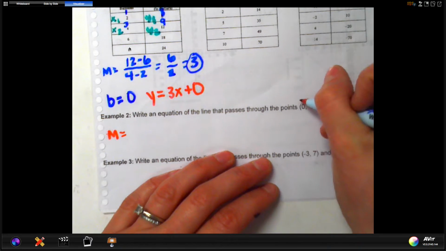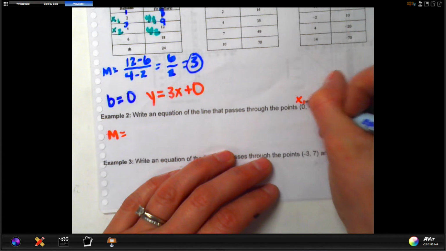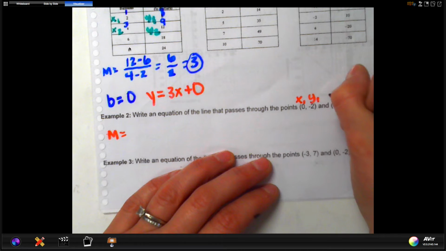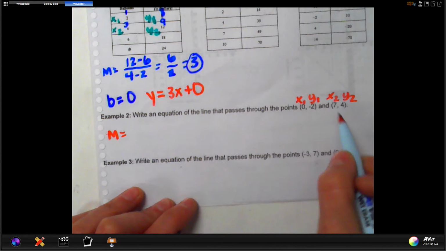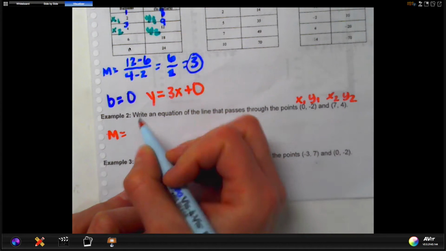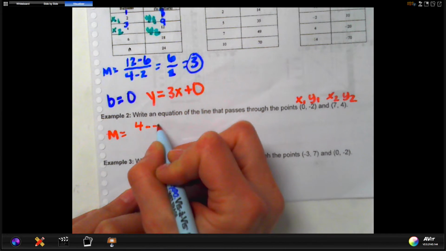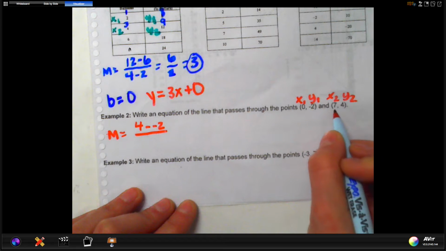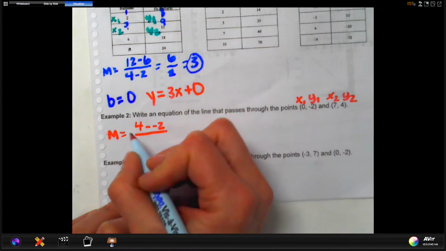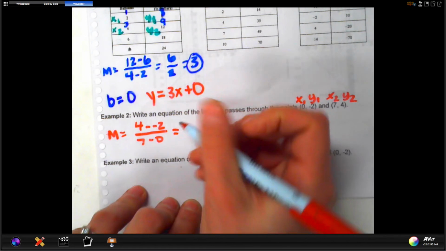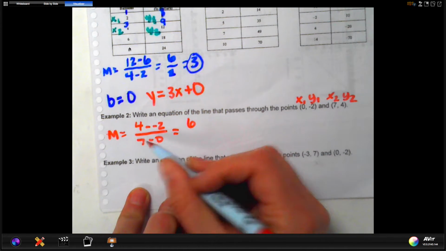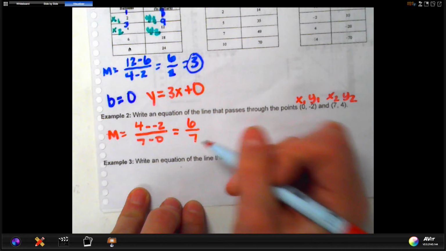Remember, with ordered pairs, this is x1, y1, and this would be x2, y2. So we start here, y2 minus y1, so 4 minus -2, and the bottom would be 7 minus 0. Well, 4 minus -2 gives you 6, and 7 minus 0 gives you 7.